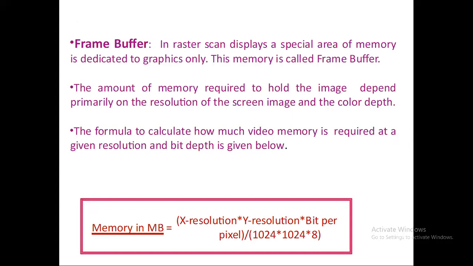In simple language, whatever you want to display on the output screen is always stored in the frame buffer. If I want to display one line on the screen, the information about that line will be stored in the frame buffer. So whatever you want to display on the output screen always goes to the frame buffer.